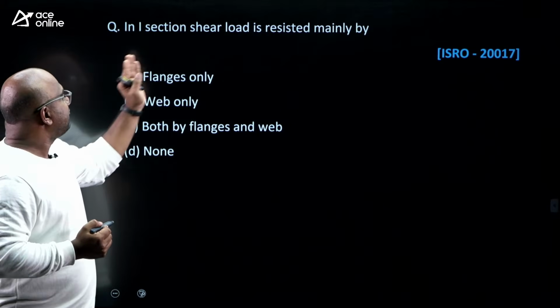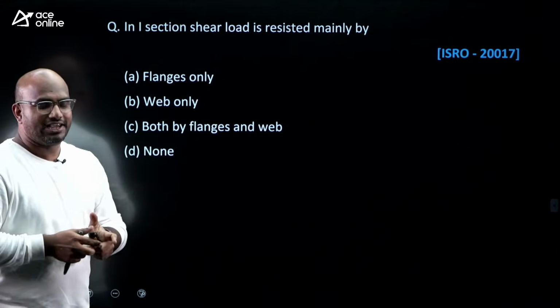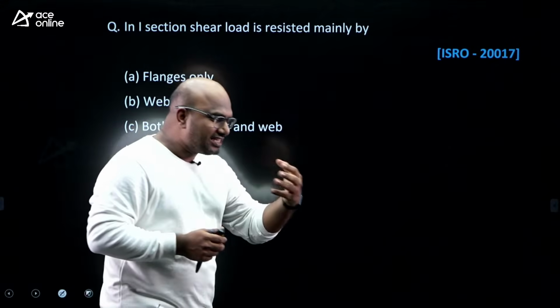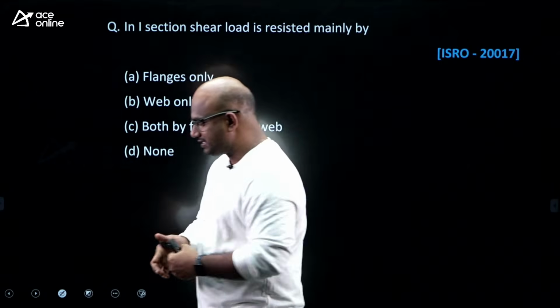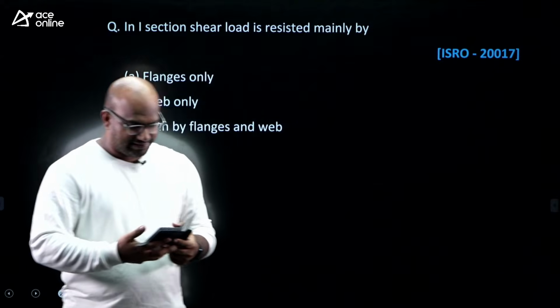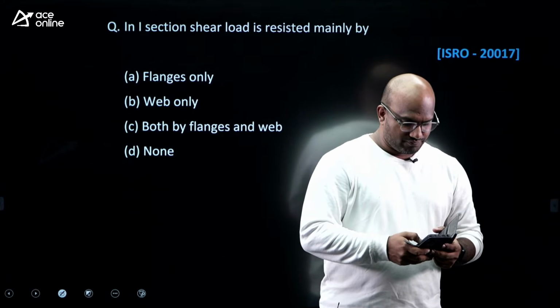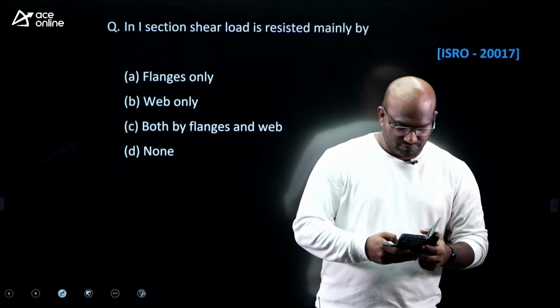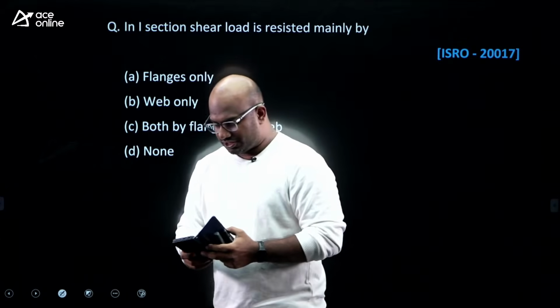Next, for an I section, the shear load is resisted mainly by which part? Please think and give your answers. Share your answers.